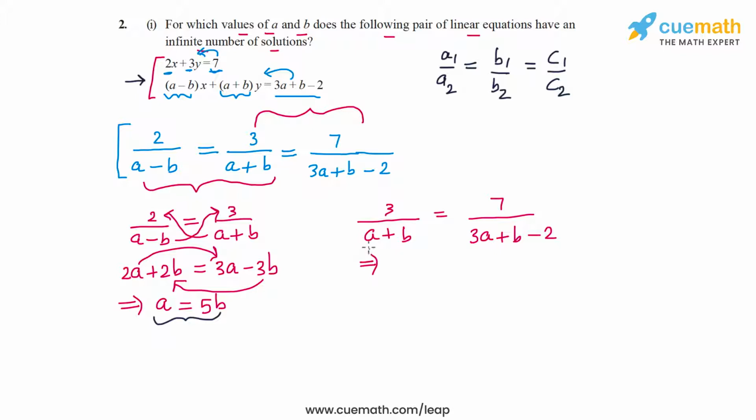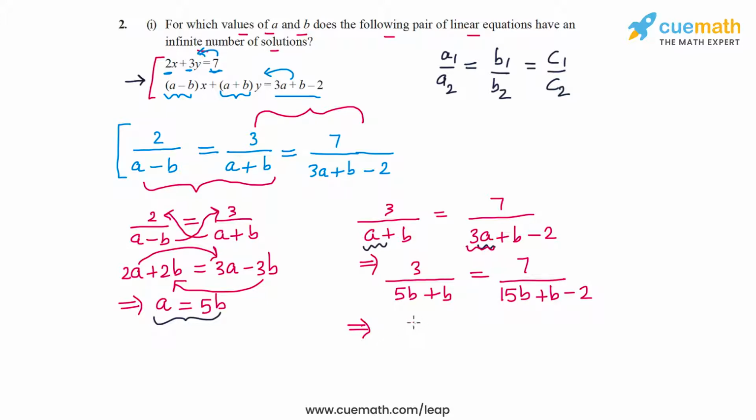So let's substitute a equal to 5b in this second equality. We will get 3 by, instead of a we write 5b, so 5b plus b, is equal to 7 by 3a, so 3a becomes 15b, plus b minus 2.